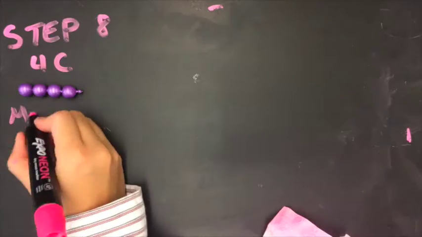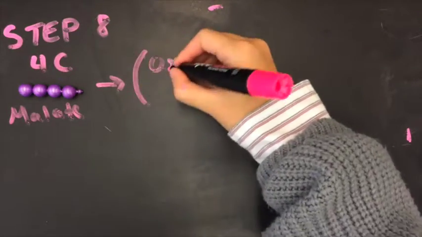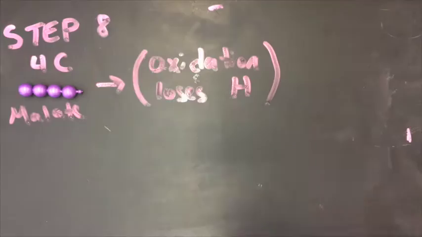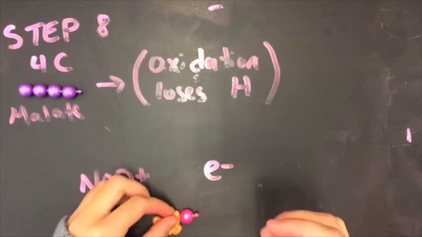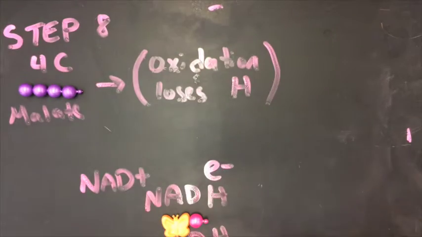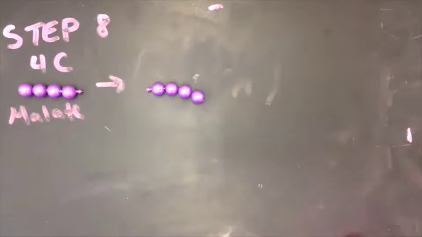The 4-carbon molecule called malate oxidizes, meaning it loses an electron, and an NAD+ gains this electron and becomes NADH. The oxidation of the malate molecule causes the malate to become oxalacetate, and no, you're not experiencing déjà vu.